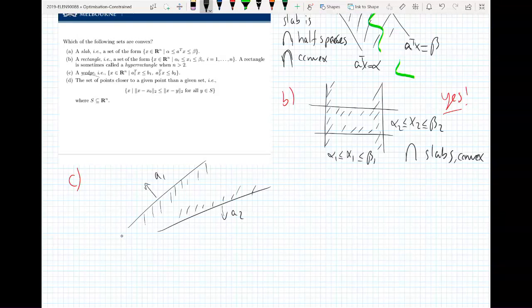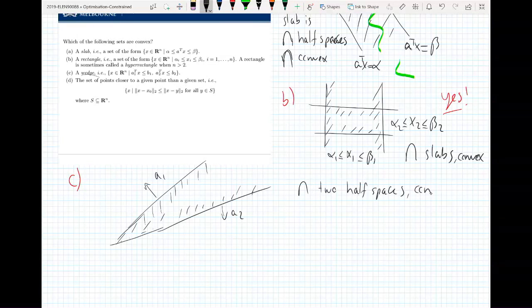These are 2 half spaces, so they will intersect somewhere, and now the wedge starts to make sense. It looks like a wedge, like a slice of cake, in a sense. And is it convex? Yes, it is a convex set because it is an intersection of 2 half spaces.